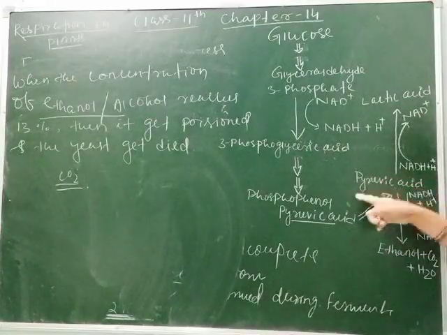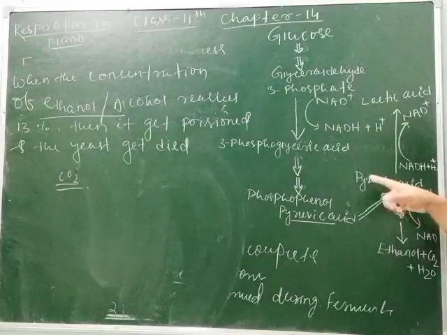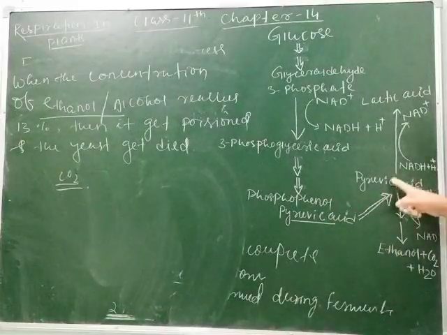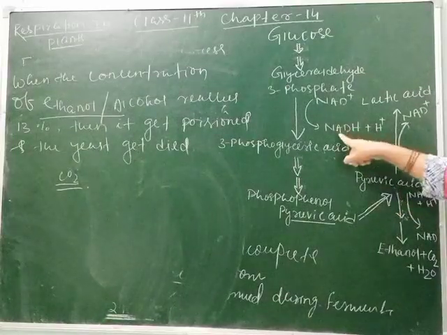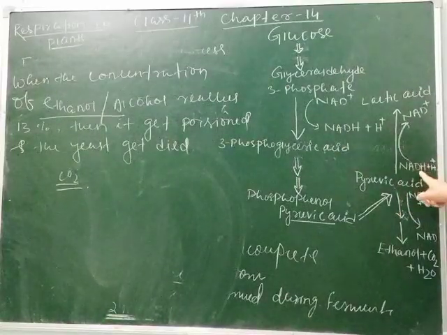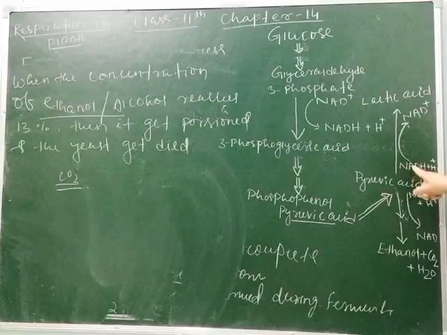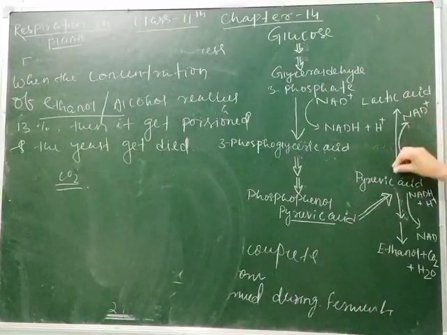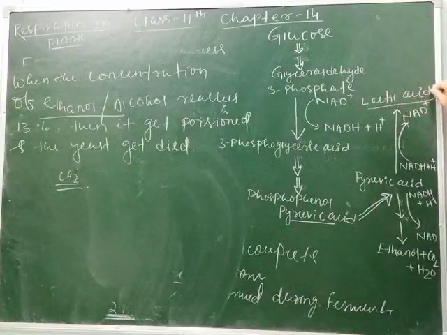How will it get converted into pyruvic acid? By the action of some enzymes. Then the pyruvic acid, again here it was reduced, but here hydrogen is added to it, means NADH plus H plus makes NAD plus again, and it will get converted into lactic acid.